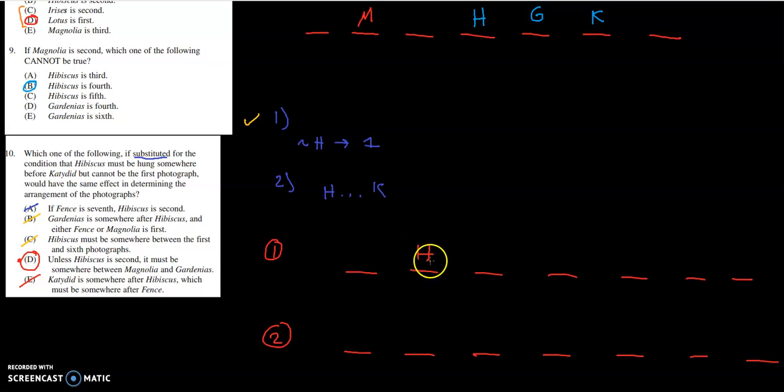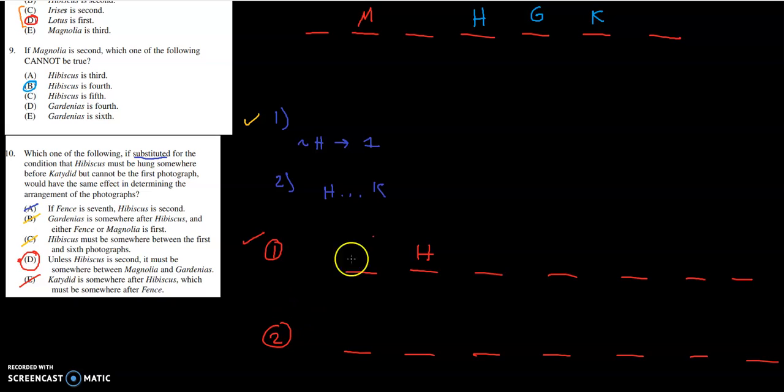Well, clearly we're fitting rule 1. It's not going to be on space 1. And also, it would have to be behind K, because I wouldn't be able to put K here since I need to have G and K together. So yes, this scenario does fit both of our restrictions. H is not on space 1, and K has to come after it somewhere.